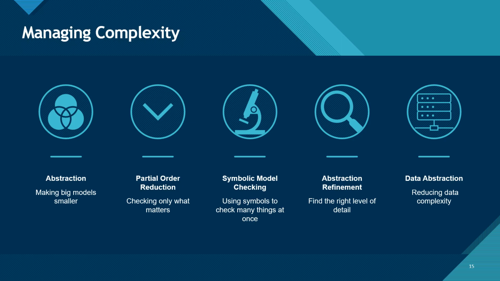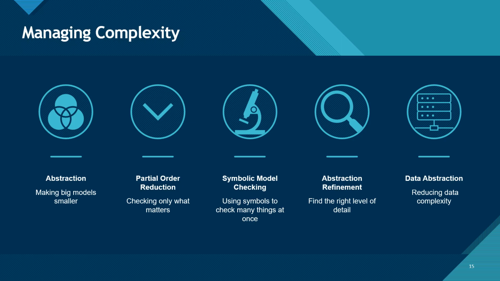Technique 2 is partial order reduction, the idea of checking only what matters in the system. Technique 3 is symbolic model checking, that is, using symbols to check many things at once. Technique 4 is abstraction refinement, whose goal is to find the right level of detail. And finally, we have data abstraction, whose goal is to reduce the data complexity.